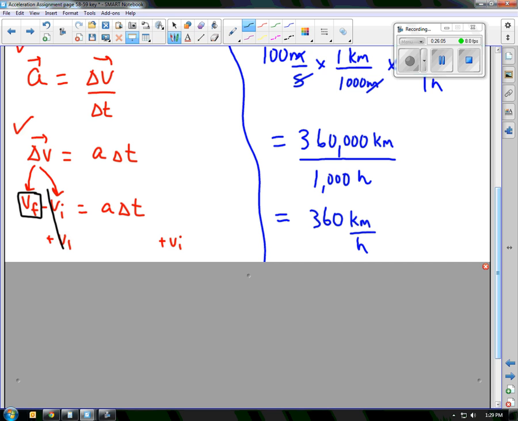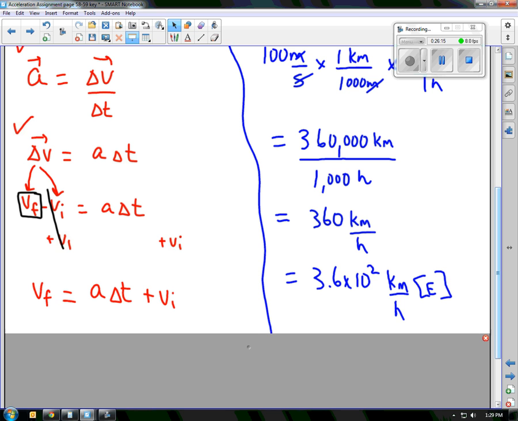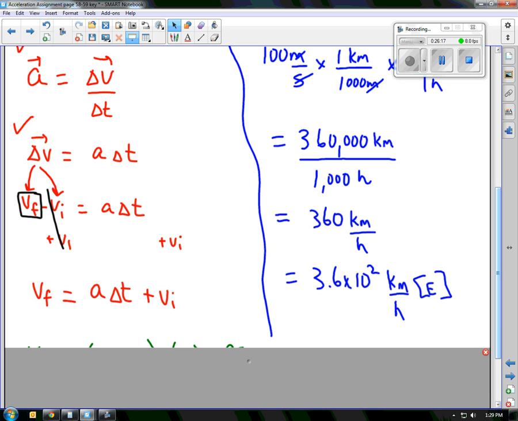But since you have done that to one side of the equation, you have to do it to the other side of the equation as well. So you have to add v initial to the other side. And so there's your formula for v final: v final equals a delta t plus v initial. If you can get that, that really shows for the first time a real understanding of how formulas get manipulated. And now you are all set.